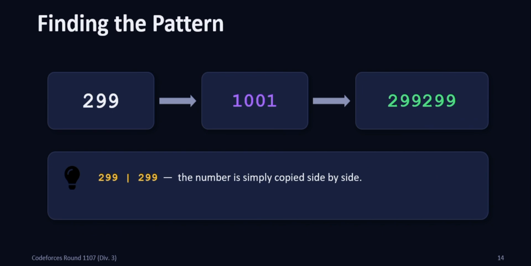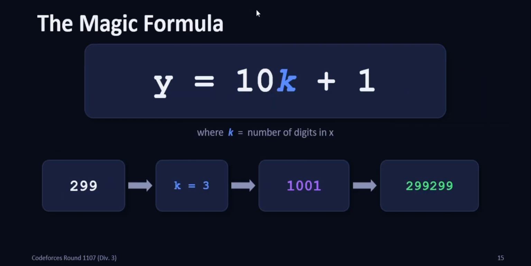The pattern for this one is getting the number of digits, taking 10 to the power of the number of digits plus one, and multiplying it by what is given. So here's the magic formula that I got from another problem, the pattern for this problem also.